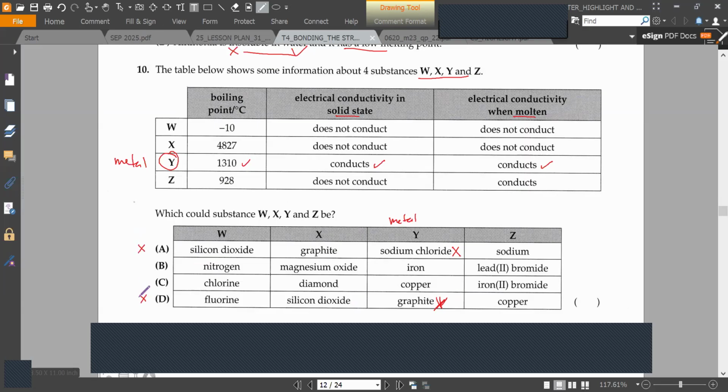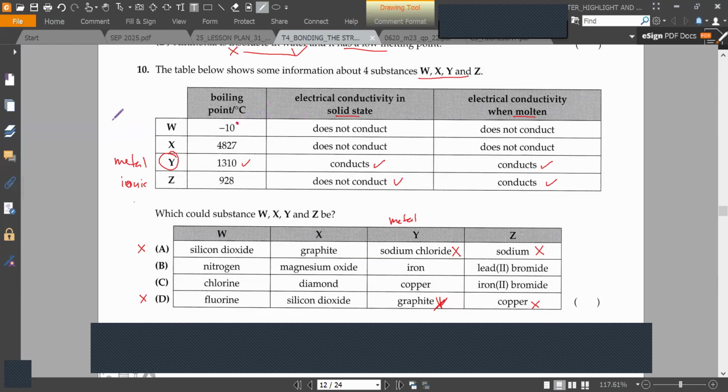Another one, Z. We will say that Z is ionic. Why? Because it does not conduct in solid state, but conducts when molten. So Z is ionic. Again we are left with B and C. Next one: low melting point, does not conduct.